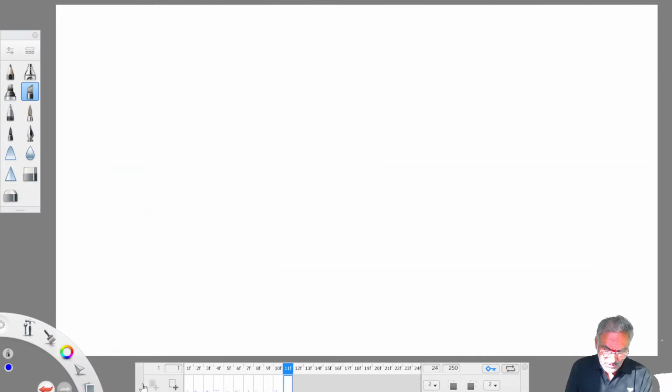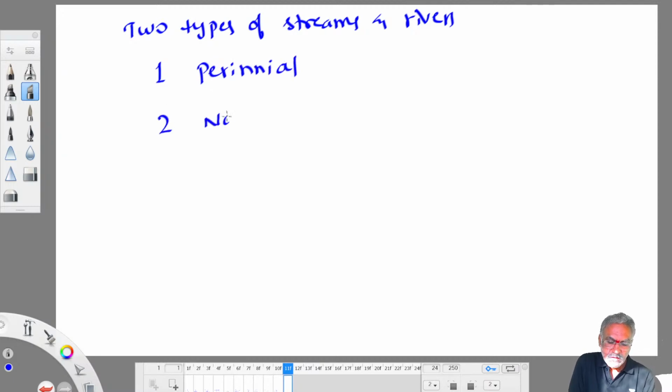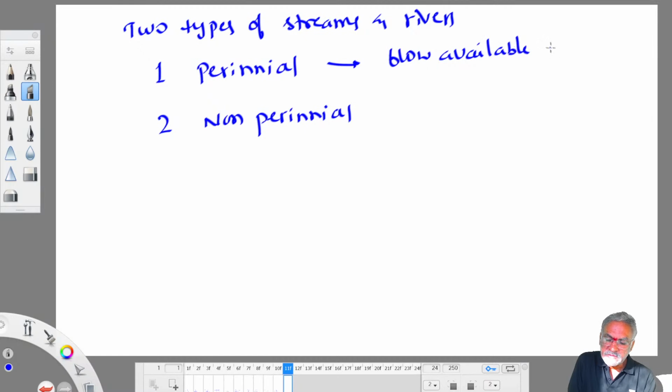So again coming back to streams and rivers, there are two types. One is called perennial, the other is called non-perennial. In perennial streams, flow is available throughout the year, all 365 days in a year.